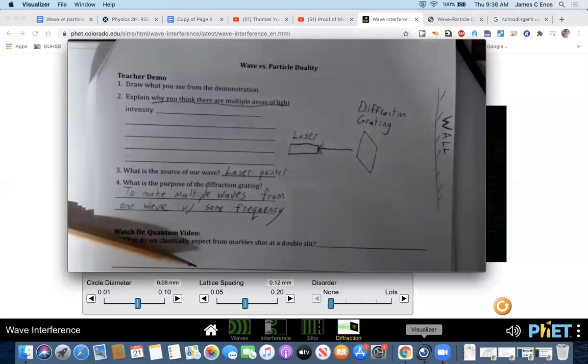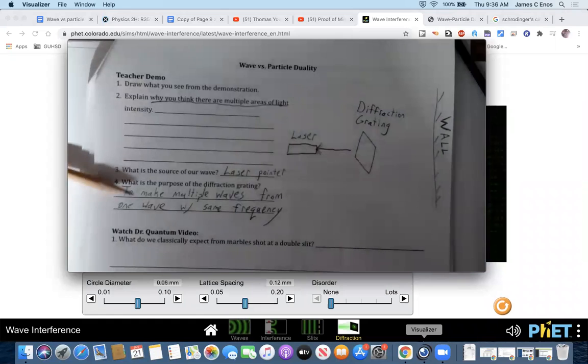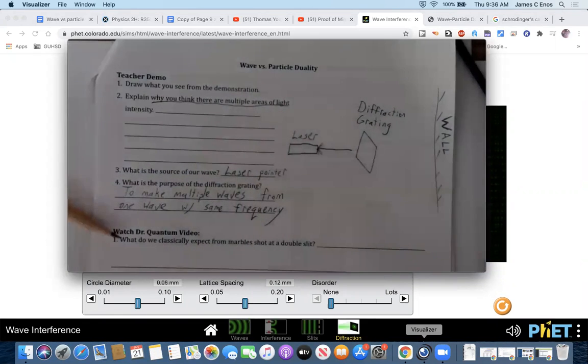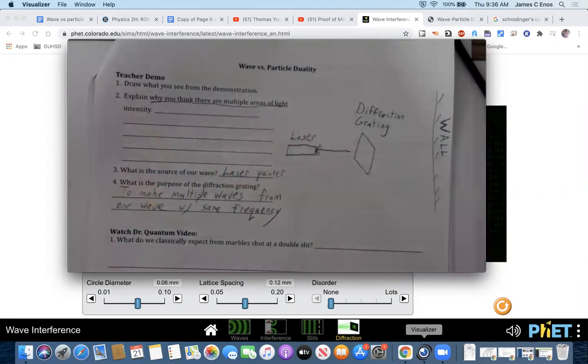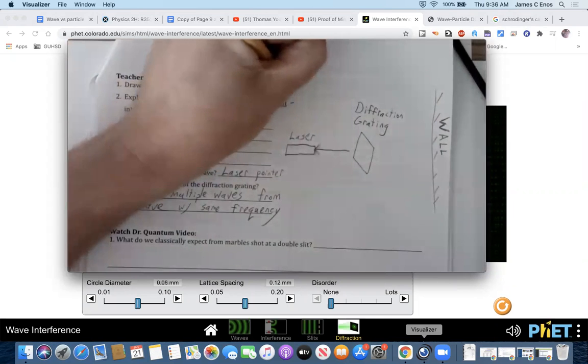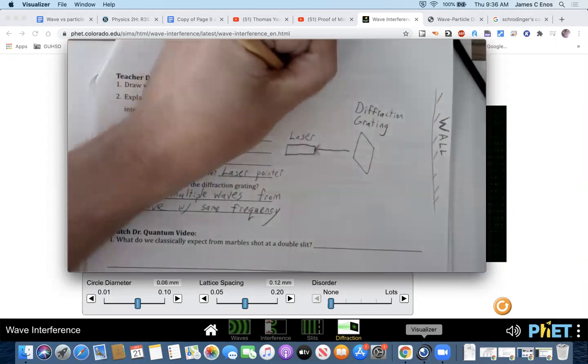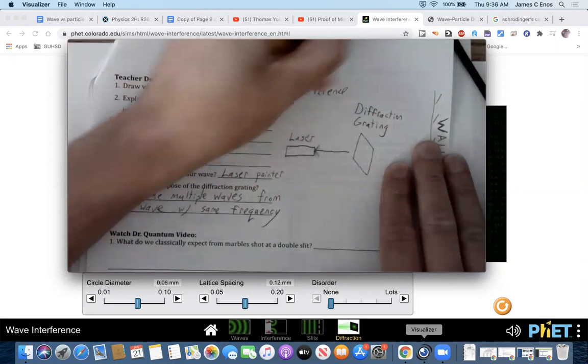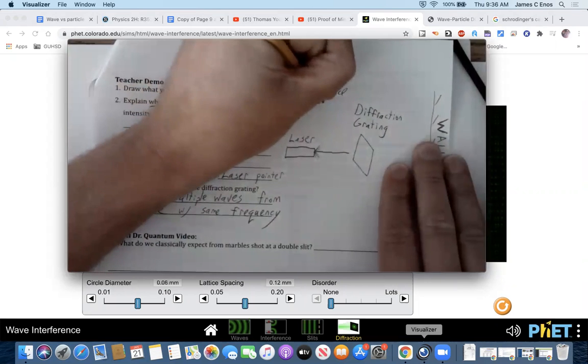So we saw a little bit about this diffraction and what happens with this diffraction grating. We might have a better idea of why we think this has to do with the interference of waves.